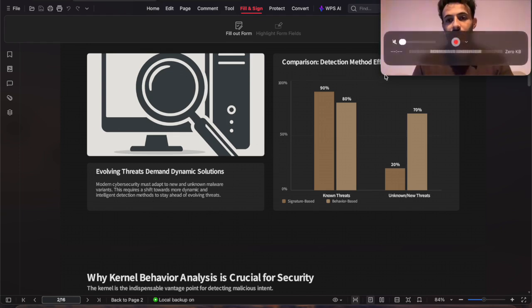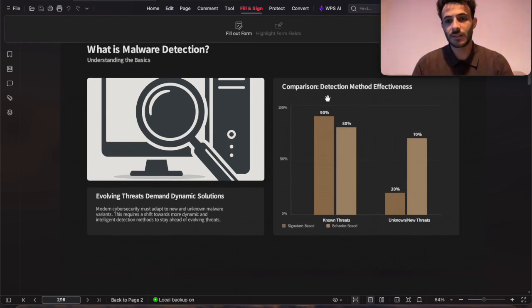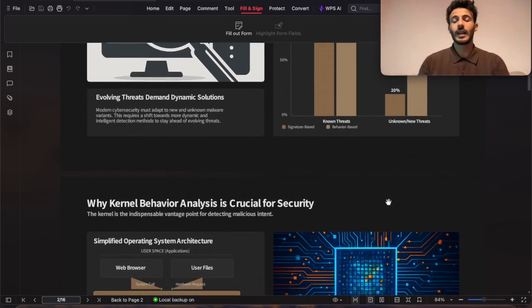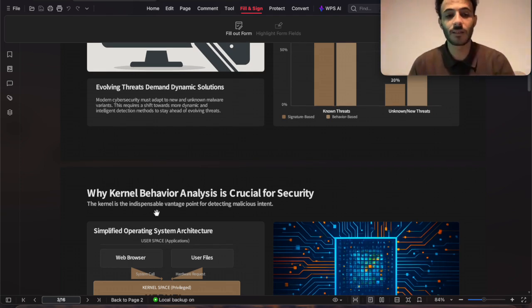We have a chart of detection method evolution. We have two sides: known threats at 9%, and unknown or new threats at 20%. And secondly, why kernel behavior analysis is the circle of security.